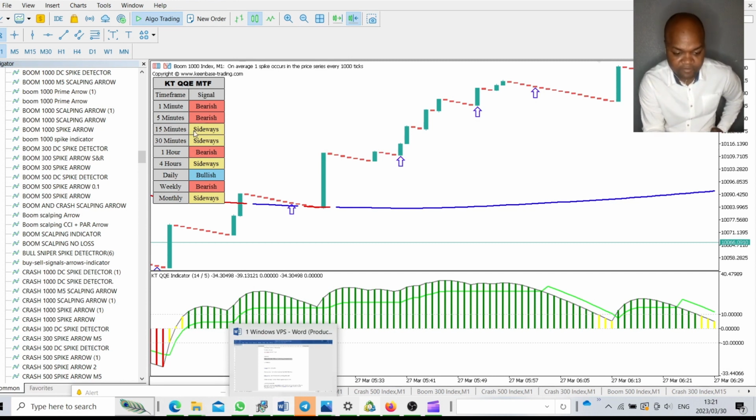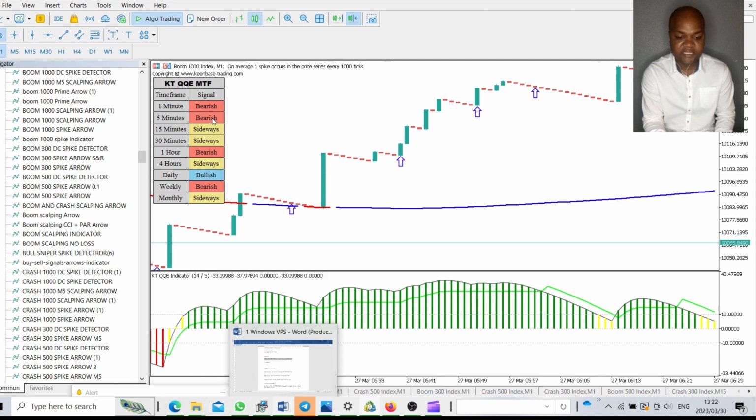One, you have to make sure that the higher time frames are aligning with what you want to do. So in boom, you want it to be bullish, in the sense that it is moving up. It will be blue here, and you want one of the higher time frames, so we can say 1 hour, 4 hours, and daily, these are our higher time frames.